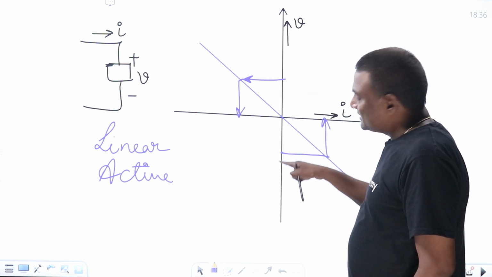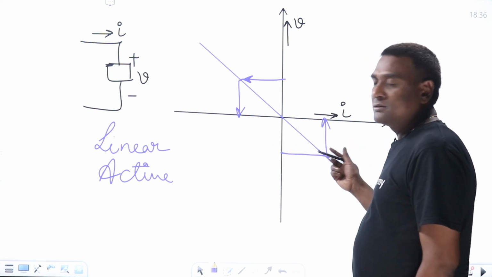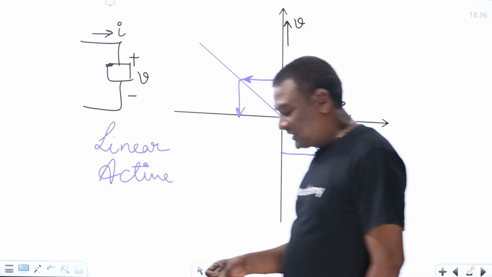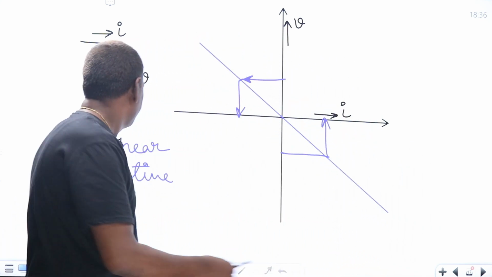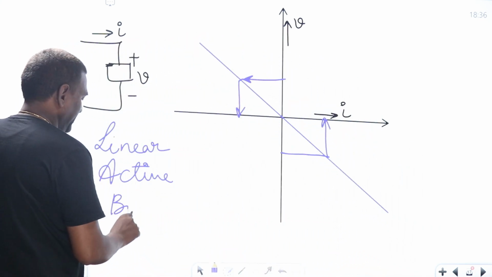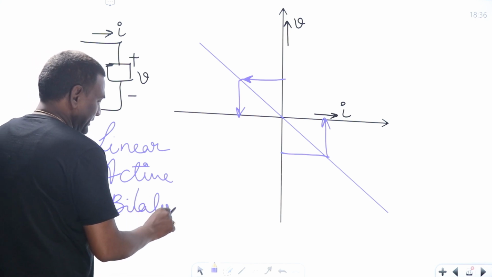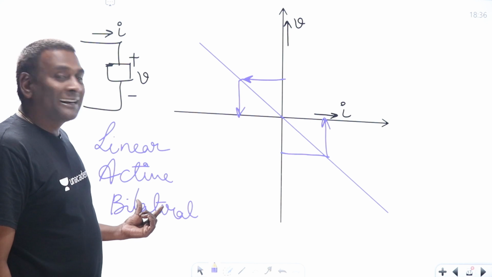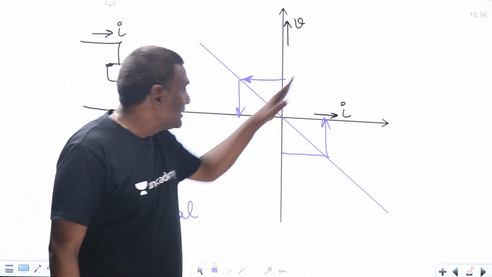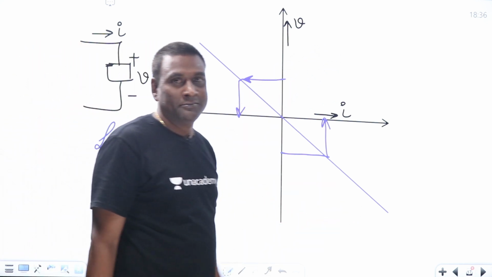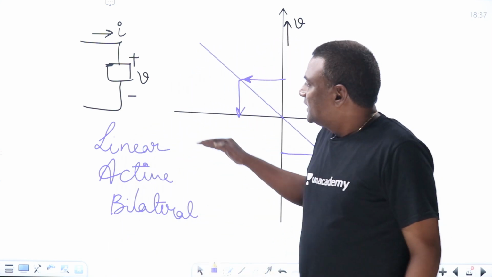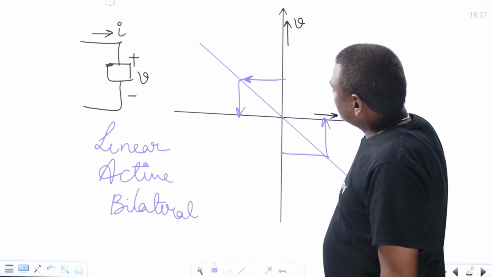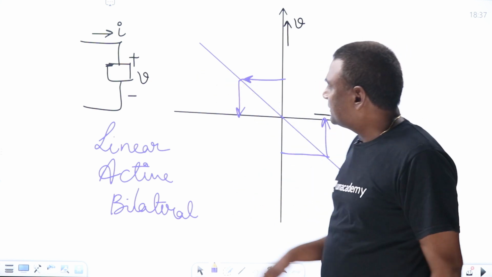If the magnitude of voltage is reversed, the current is going to be reversed by the same amount, because it is a continuous straight line, so it will become bilateral. Bilateral means the characteristic should be symmetric between first and third or second and fourth quadrants. If you think of linear, it should be a continuous straight line going through the origin, independent of first, third or second, fourth; it doesn't matter.